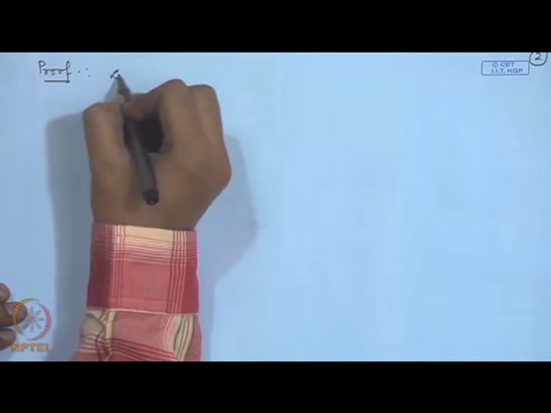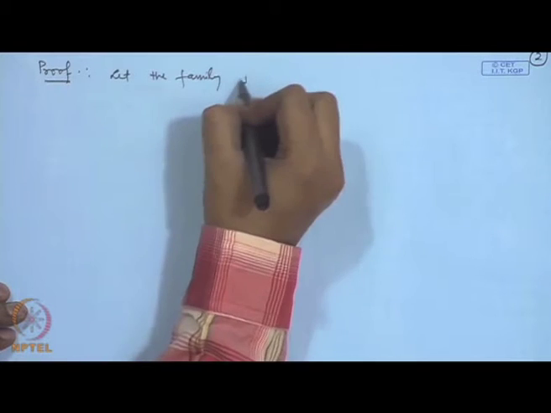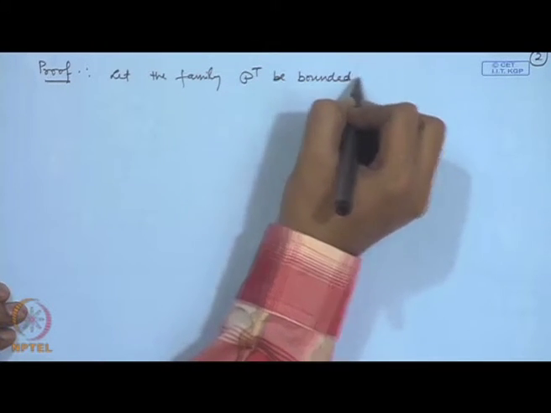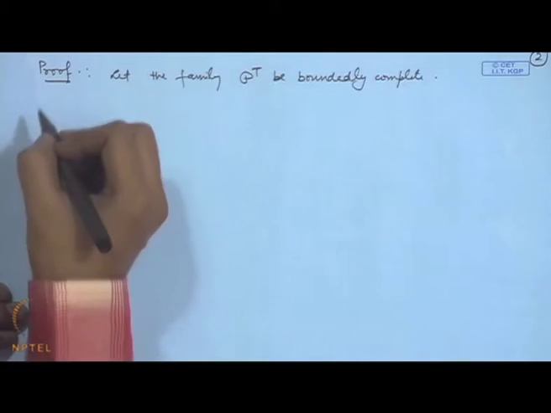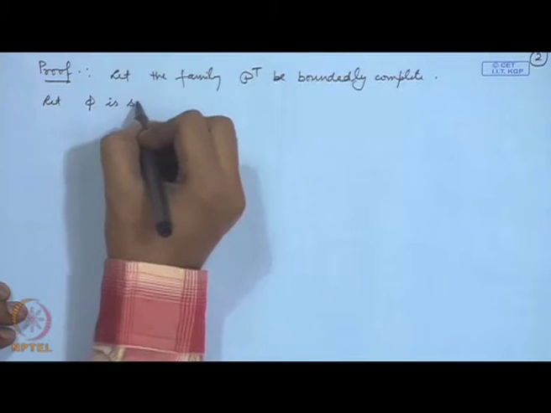So, let the family P t be boundedly complete, and let us assume that phi is similar.